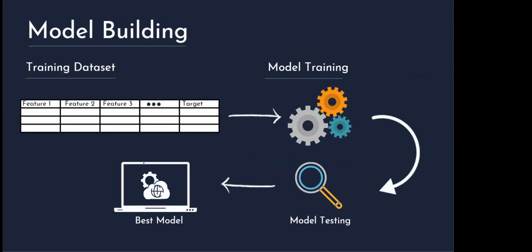Now we have the training data set, and we fit it into the machine learning model. Here we have used a randomized search CV method, which contains all regression algorithms if it is a regression problem, and if it is a classification problem, all the classification algorithms lined up with hyperparameters.